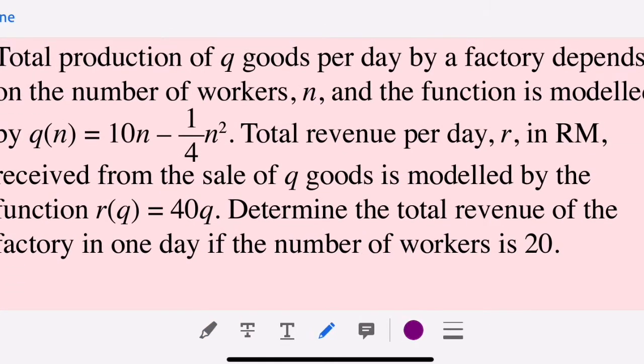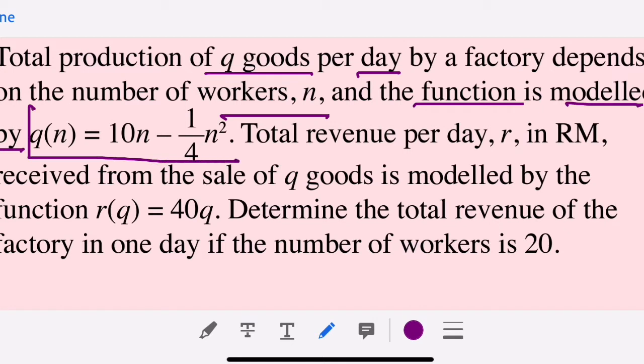That means Q is the production of goods per day, and n is the number of workers, and the function is modeled by this one. This is a function that relates the production with the number of workers.